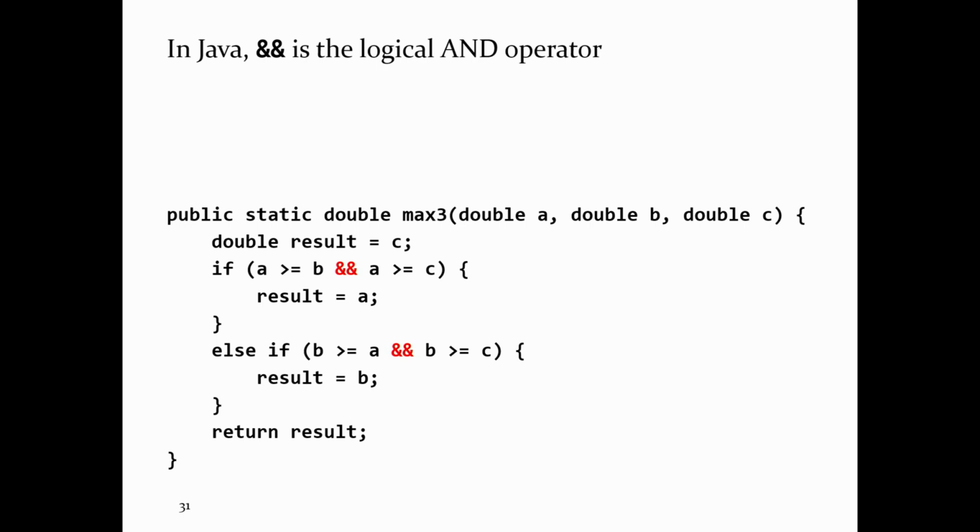If that's false, it never evaluates the other condition, because false and anything is false. So it knows the answer right away is false. It never even tries to evaluate that thing there. If this part here is true, then it will go ahead and evaluate the second one to also check if it is true.